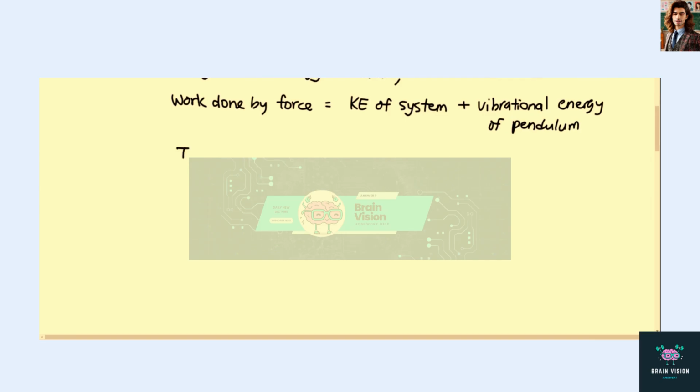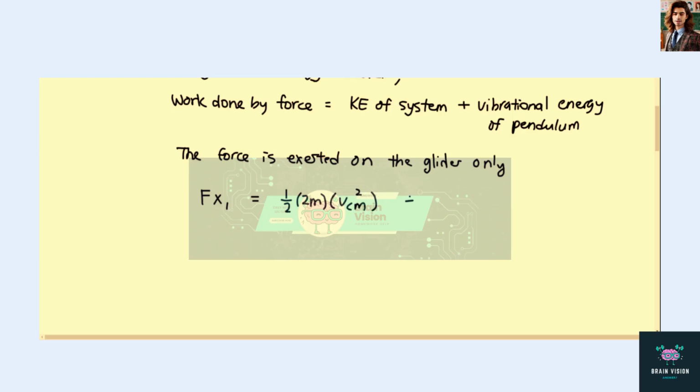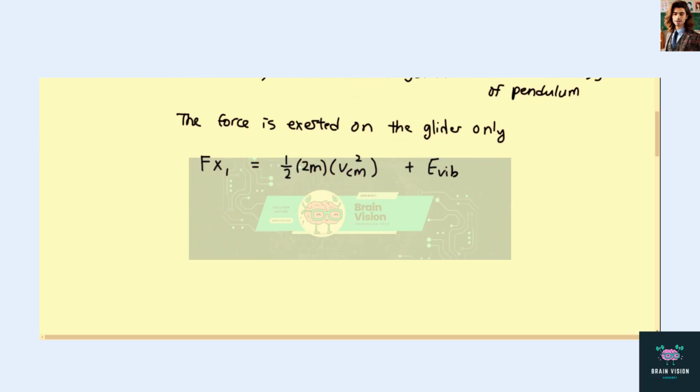Since the force is exerted on the glider only, the work done by the force will be F times x1, and the KE of the system will be half times the total mass, which is 2m, times VCM squared, plus E vibrational.